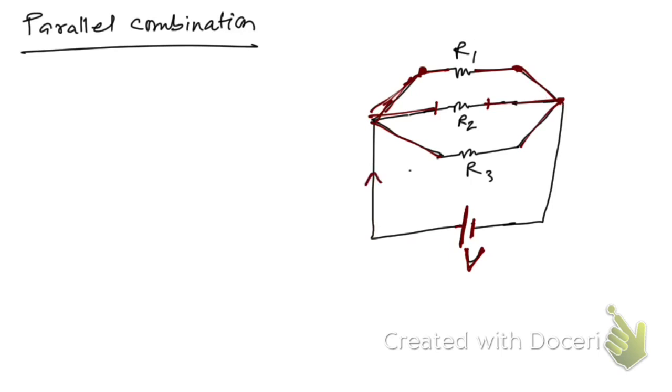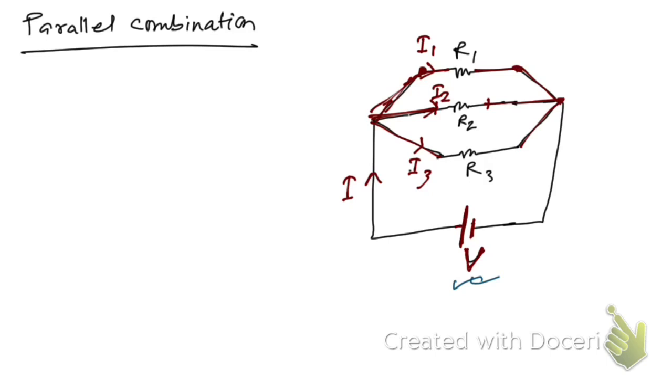But here, if current I flows through this circuit, then as this part is split into three different parts, we are going to get I1, I2, I3, three different currents through three different branches, right? So if we connect these resistors in such a way that the potential difference across each resistor is equal to the applied potential difference, then this combination is said to be a parallel combination.